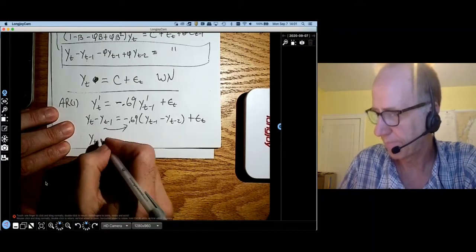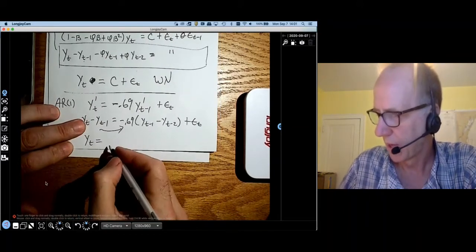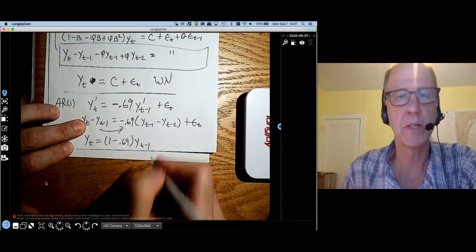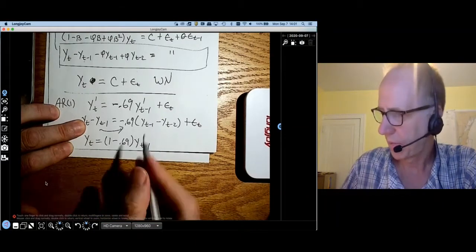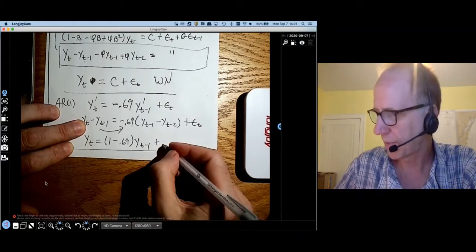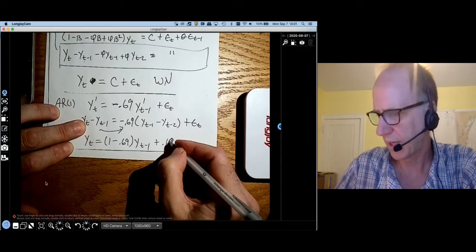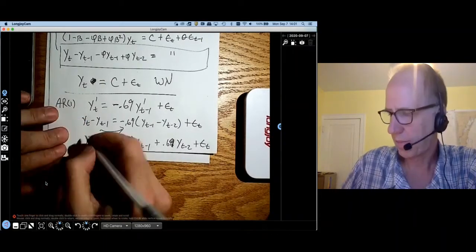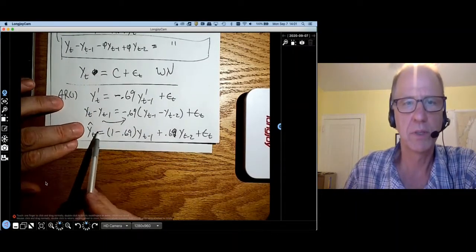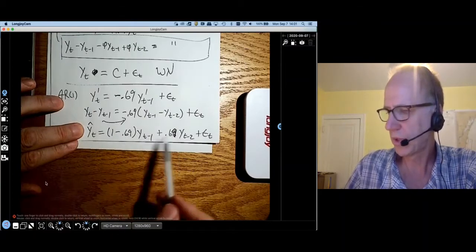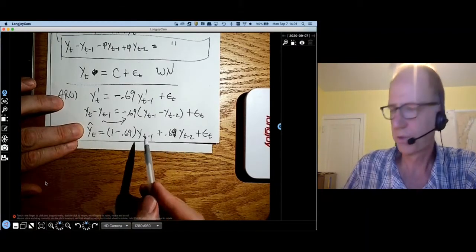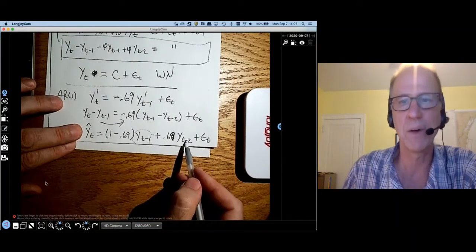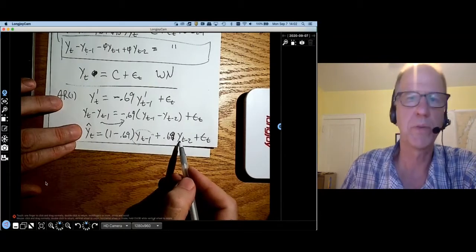This would be y t is equal to, we could write this as 1 minus 0.69 times y t minus 1, and then we have two minuses that combine to a plus 0.69 times y t minus 2, and then we have our errors. So our predicted value at time period t is really just an average between the most recent value and the previous value. So we're giving a little more weight to the previous value.